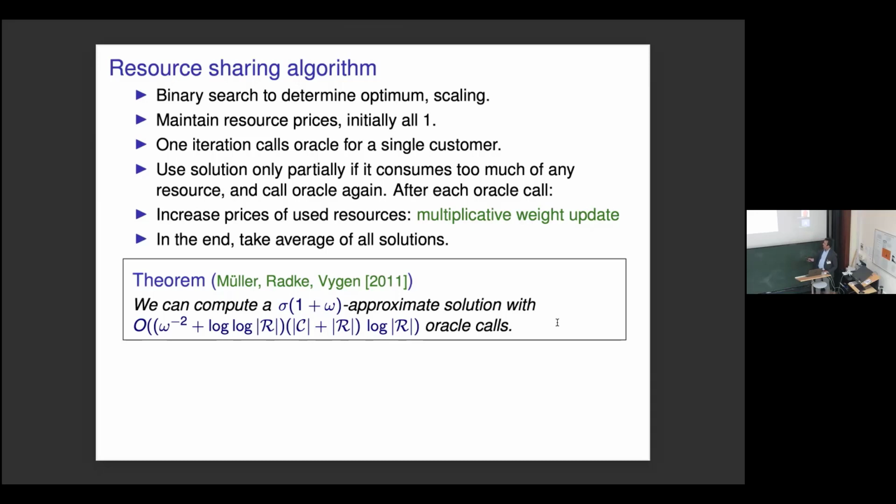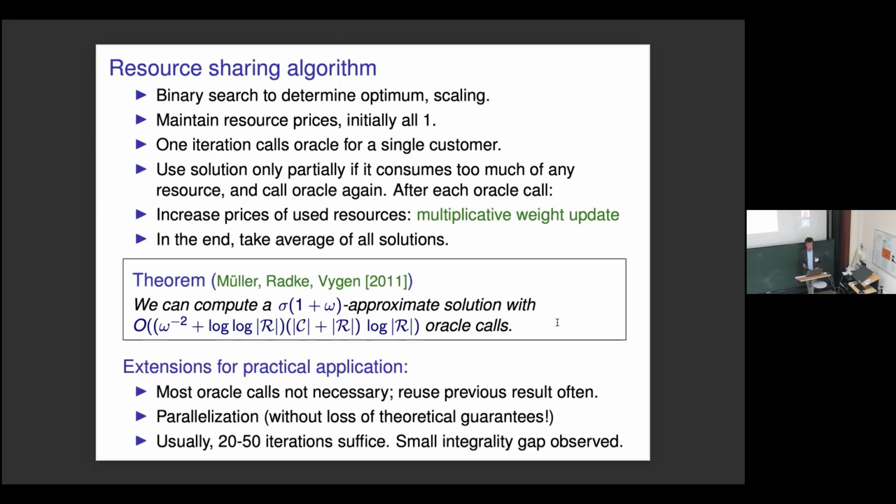You see it is a near linear dependence on the number of customers plus the number of resources. You only have some logarithmic terms, and of course the error parameter comes into play. So we can get arbitrarily close to the approximation guarantee of the oracle with this algorithm. And that works surprisingly well in practice.